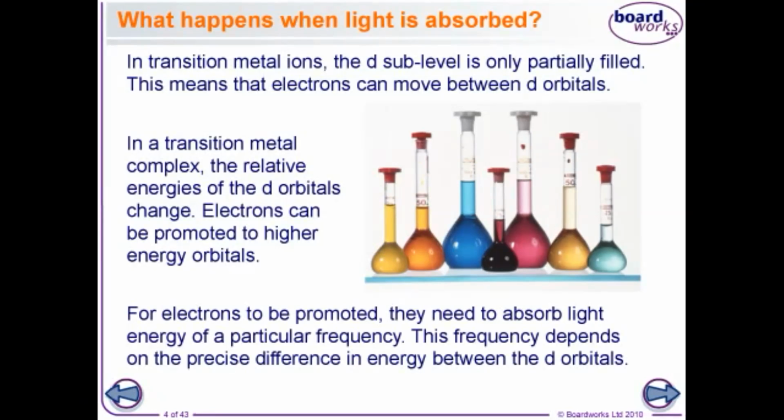This frequency depends on the precise difference in the energy between the d orbitals. And then when they return back to their original position, they will emit the light. And that is the color that can be seen.